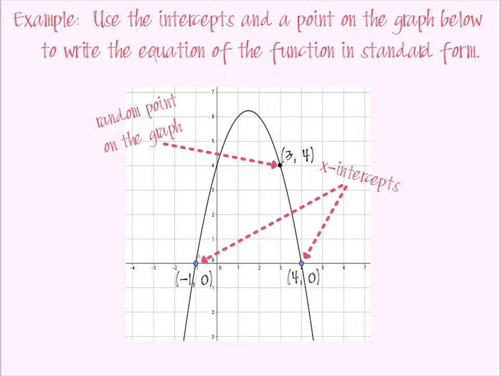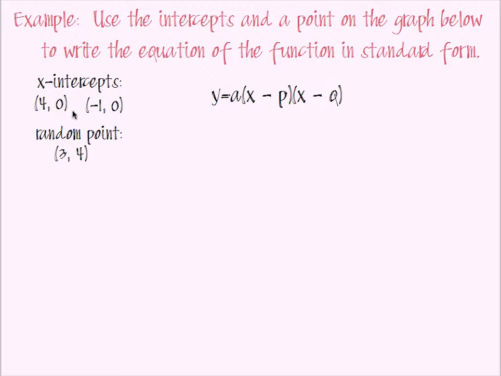So let's look at how this works. My x-intercepts were at 4, 0 and -1, 0. In other words, P is 4 and Q is -1. And my random point is 3, 4, and I'm going to make that x and y.